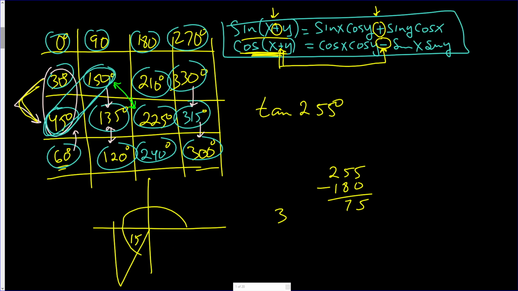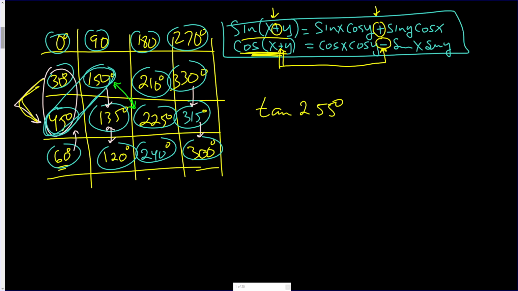Okay, and we don't know the 15-degree angle. So we need to use sums and differences. Which pair of numbers add up to 255 or subtract to 255?